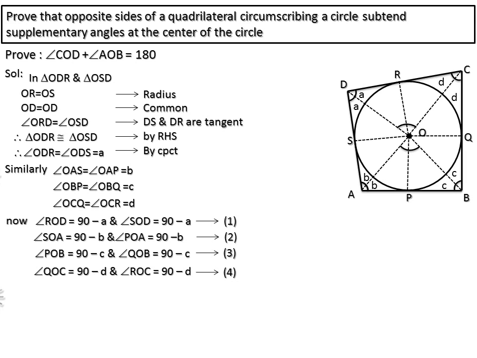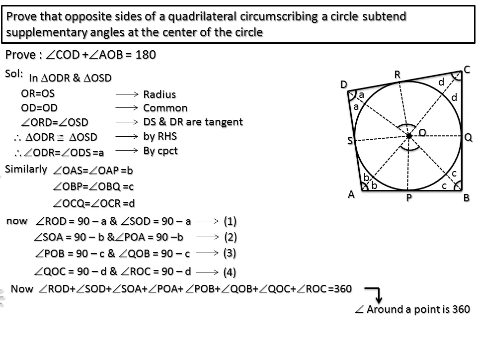We know sum of angles around a point is 360, and here it is around the center of the circle, that is O. So add equations 1, 2, 3 and 4.